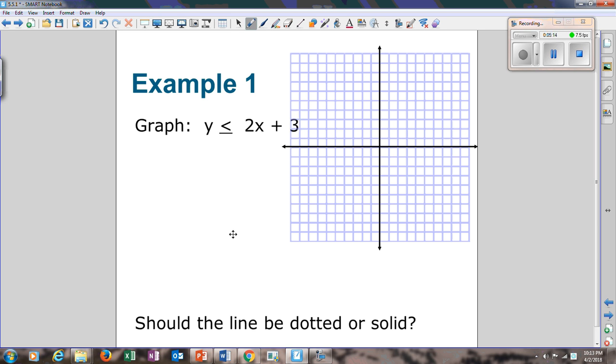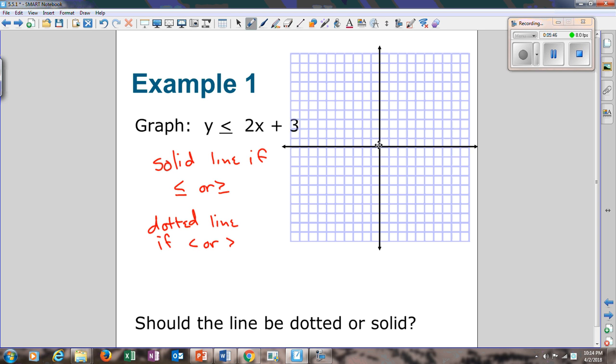Now, it's going to be a solid line if it's less than or equal to or greater than or equal to. It will be a dotted line if it's just less than or greater than. This is a less than or equal to, so it's going to be a solid line.